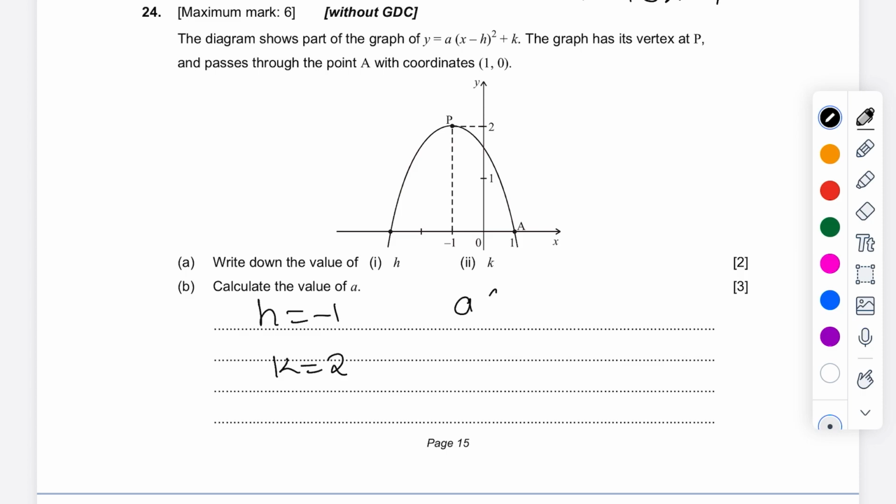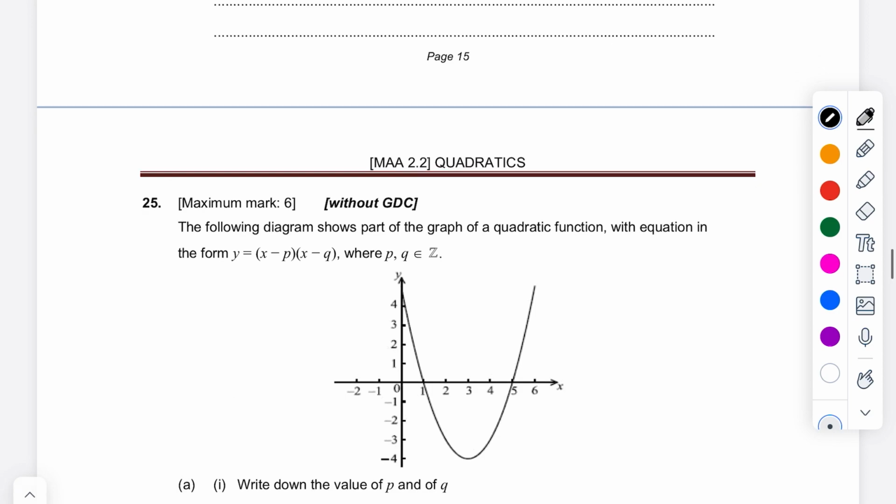Now we know that a times (1 plus 1) whole square plus k, that is plus 2, should be equal to nothing but what? 0. From that I get the value of a as negative 0.5. So I just plugged in the values of x, h and k in the given equation and got the value of a as minus 0.5.